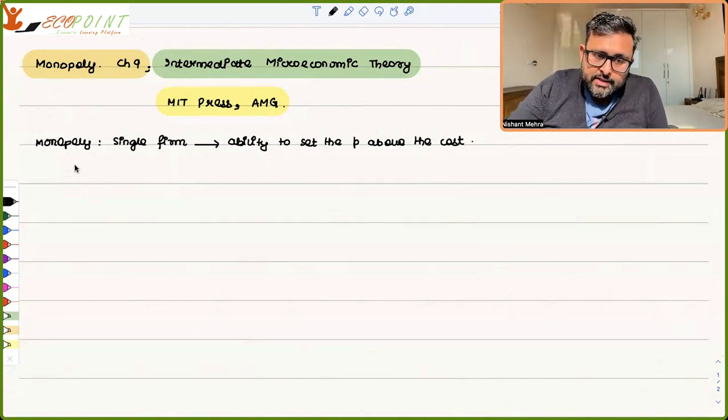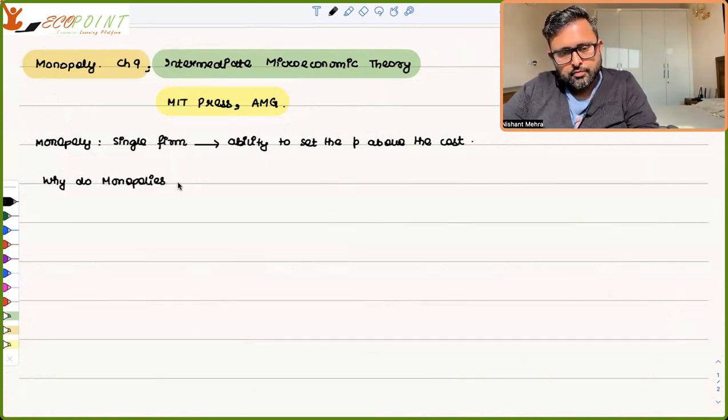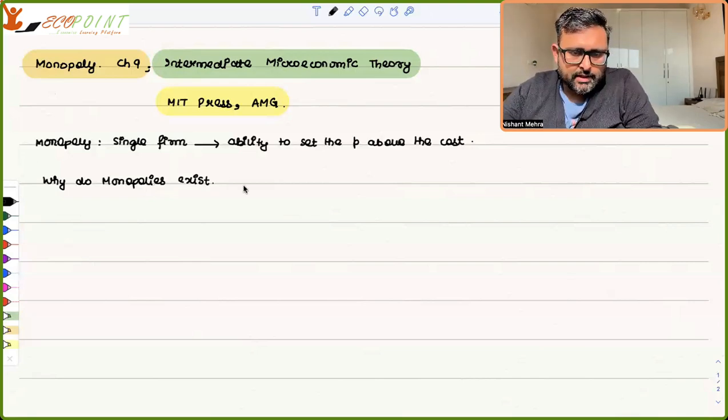There are different reasons why monopolies exist. Why do monopolies exist? देखिए, मोनोपोलीज तीन कारणों की वजह से एग्जिस्ट करती हैं.